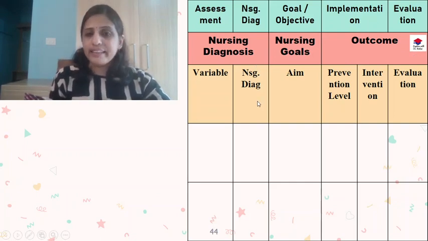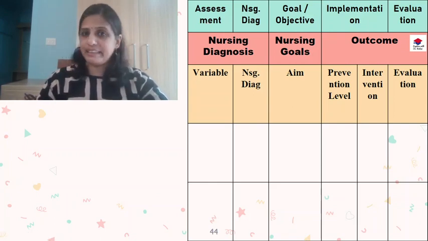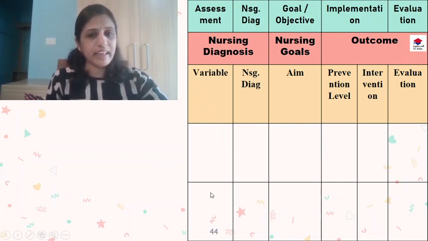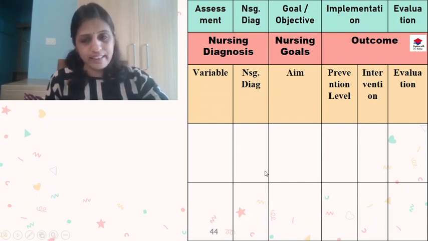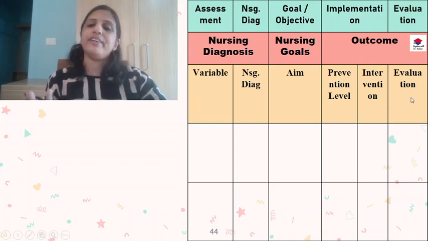Then when I write a care plan, I do a comprehensive assessment in detail. Then, in the nursing diagnosis step, I identify which variable is affected, whether it is physiological or psychological, and write the nursing diagnosis. The goal comes under aim. In outcome, we have the prevention level, the intervention, and the evaluation.